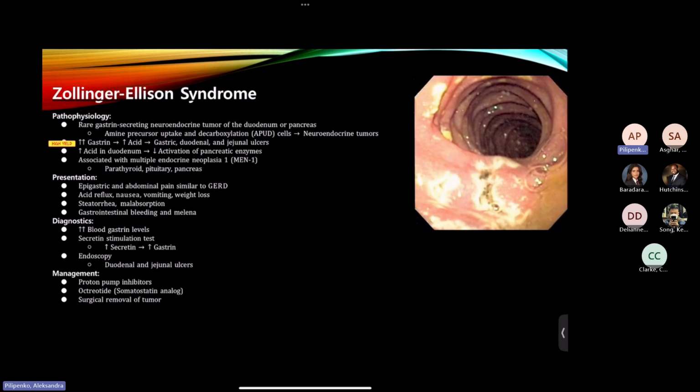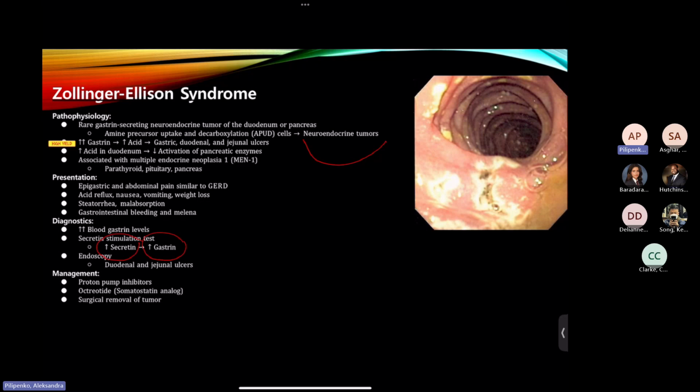Okay, Zollinger-Ellison syndrome. This is another syndrome that can be indicative of a tumor, neuroendocrine tumors. Basically what's happening here, you have a high production of secretin and high production of gastrin.